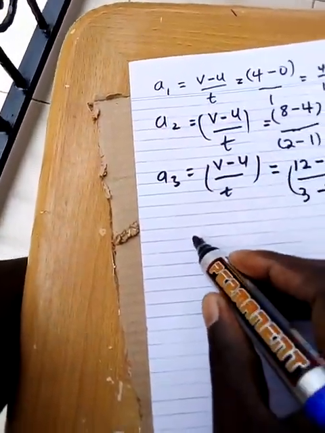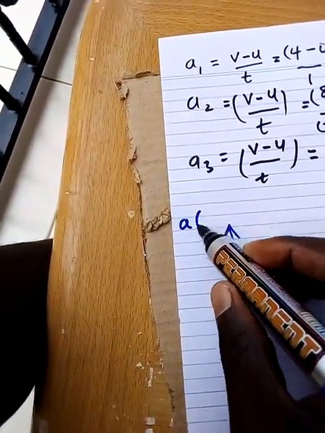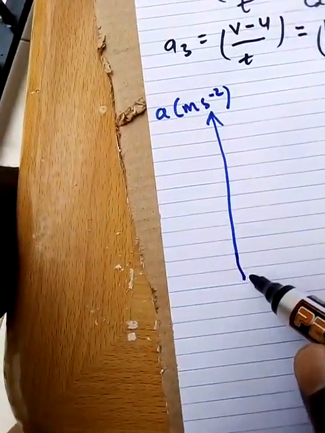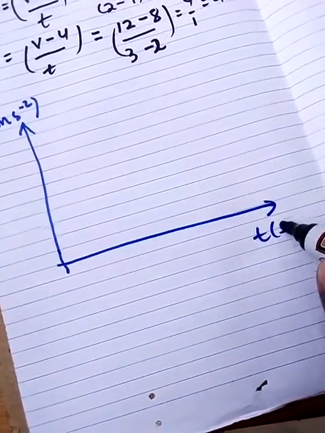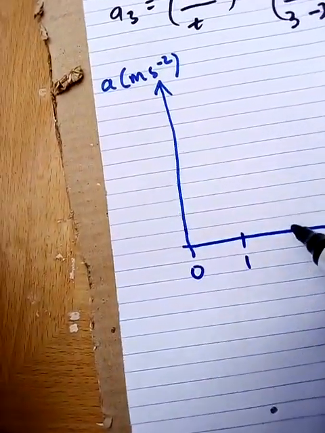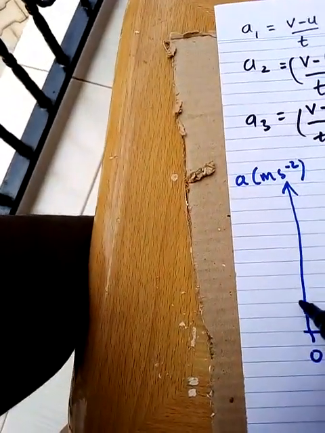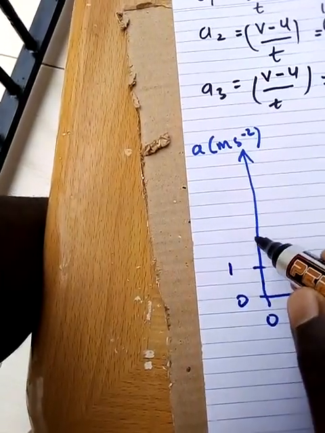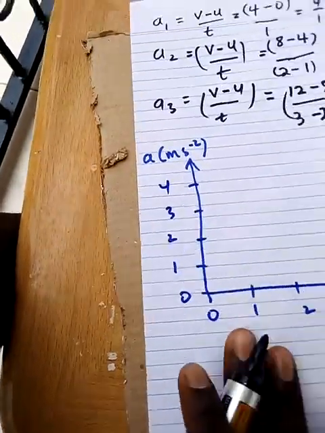If this is the axis for acceleration in meters per second squared against time in seconds, 0, 1, 2, 3, 4, and the acceleration starting point is 0, 1, 2, 3, 4.